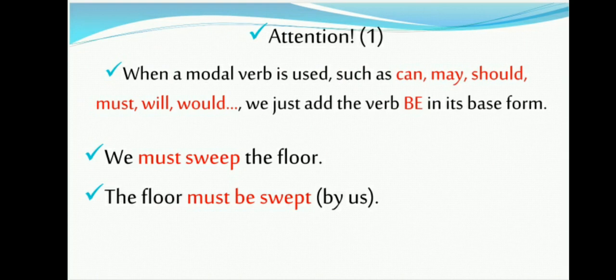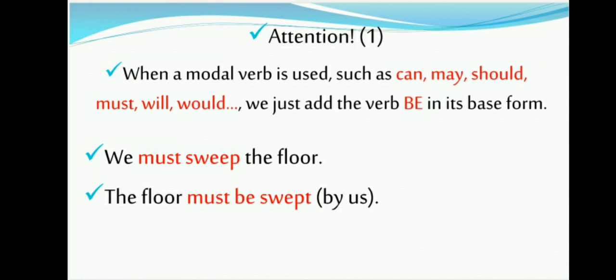When a modal verb is used, such as can, may, should, must, will or would, some people don't consider will or would modal verbs, but as they talk about the future and they follow the same rule, we're going to include them here. We just add the verb be in its base form, exactly the way it is.